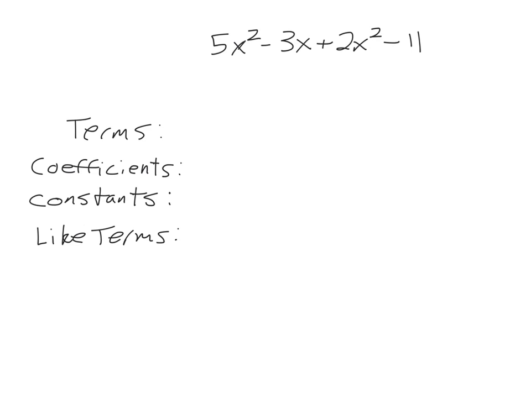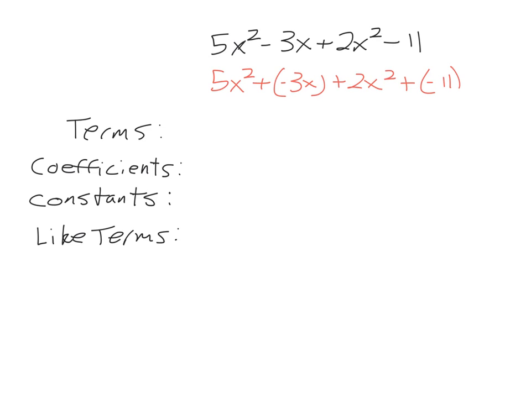Alright, in this example we have 5x squared minus 3x plus 2x squared minus 11. Same first step. We're going to write it using only addition. So that's going to become plus negative 3x plus 2x squared plus negative 11.